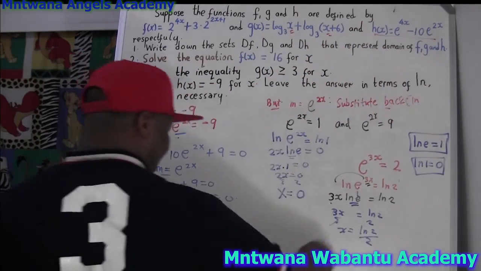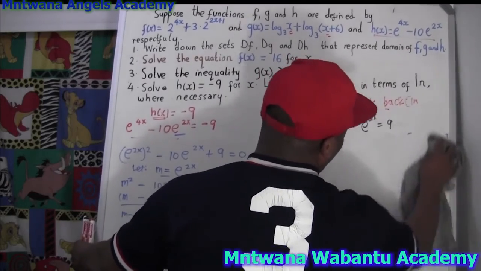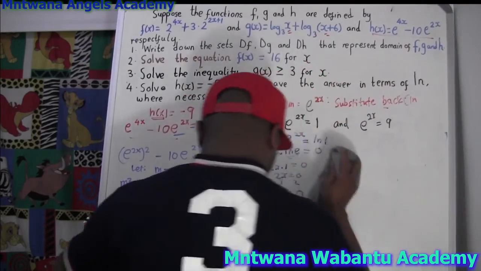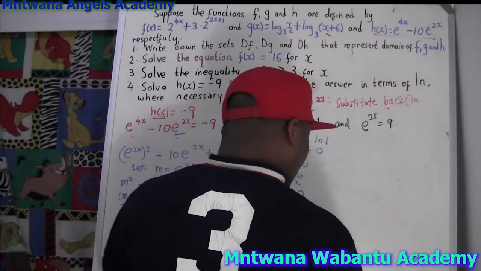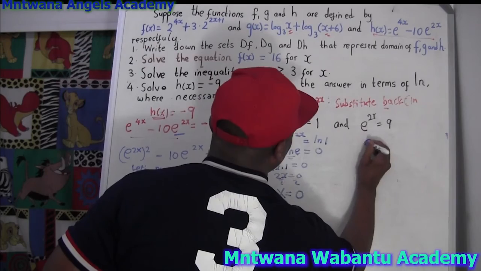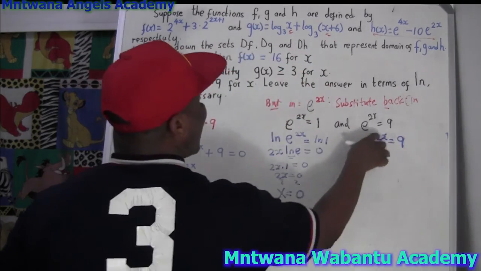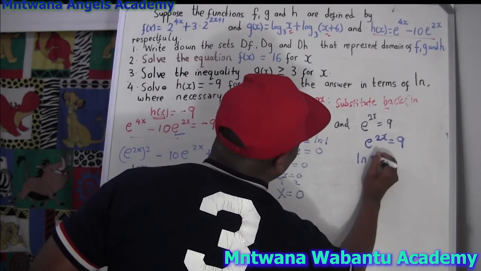For that one, I'm going to raise here and make a space and finish up, man. But for this one, we got e^(2x) equal to 9. Since you have an e and unknown power, apply ln throughout.